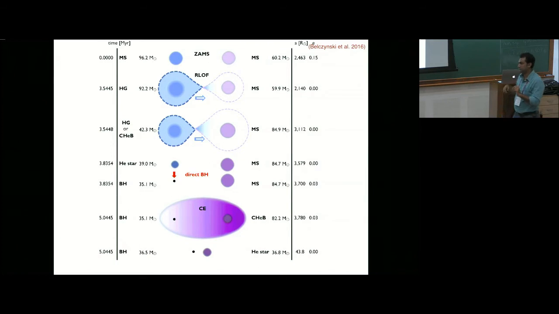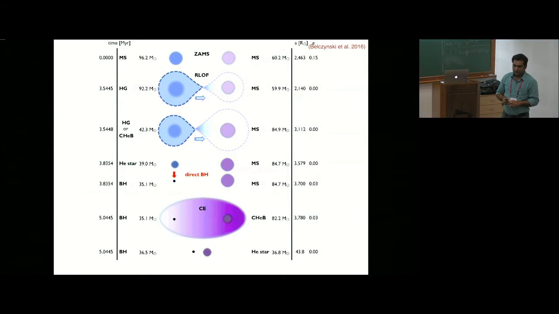So mass is not the main thing, density is. He is asking, since this is the more massive thing, why isn't this star Roche-lobe overflowing to that star? And the reason is this became very low density because it became a giant first. Because this is high mass, it evolved faster.